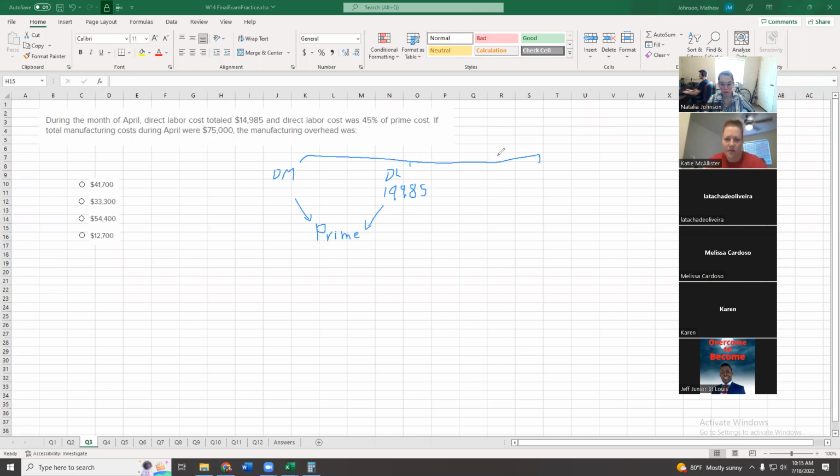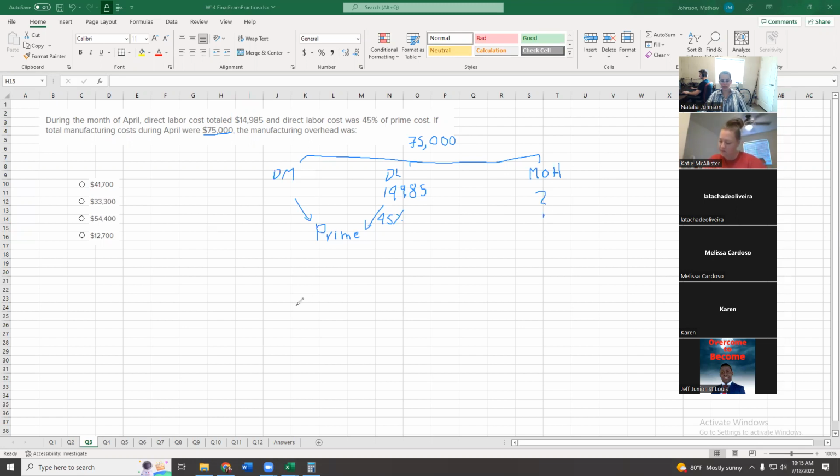The total of manufacturing costs that they also give is 75,000. So that means direct materials, direct labor, and manufacturing overhead total 75,000. And direct labor is 45% of prime cost, but they're asking for manufacturing overhead.